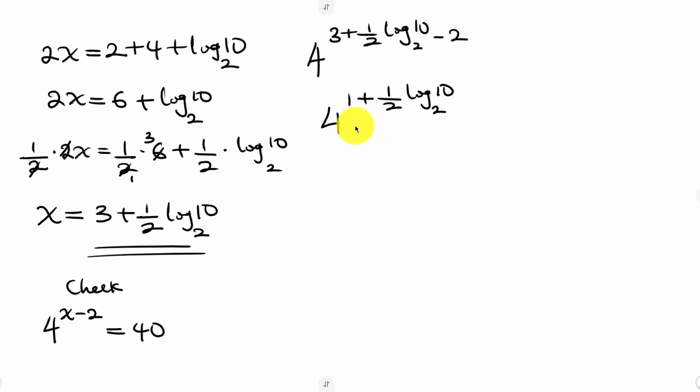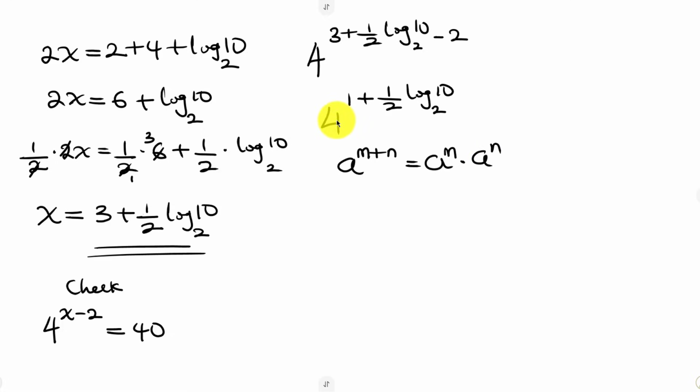Now we're going to be applying the law of indices that says that when I have a to the power of m plus n, as in this case, this can be written as a to power m times a to power n.